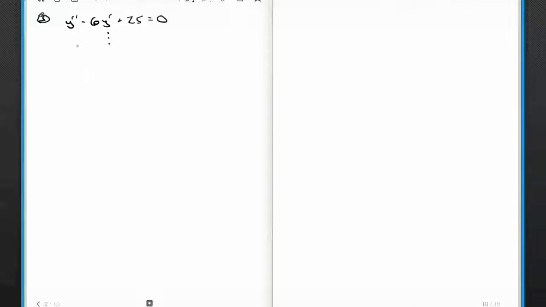And this is, let's see, r squared minus 6r plus 25 equals 0. And that's our, what do we call the characteristic equation. All right. So we factor this one. Let's see, 25. 5 and 5. 1 and 25. Neither of those really give.